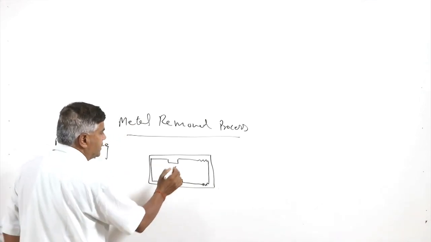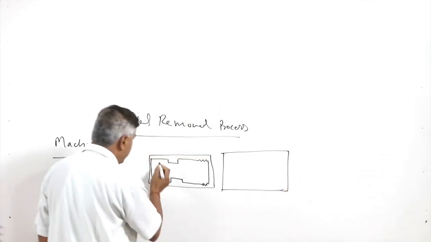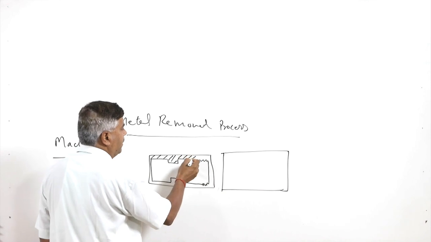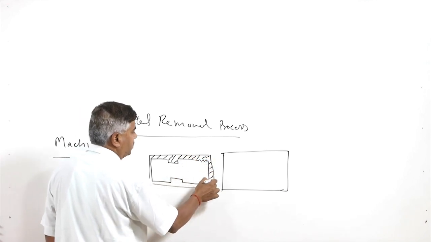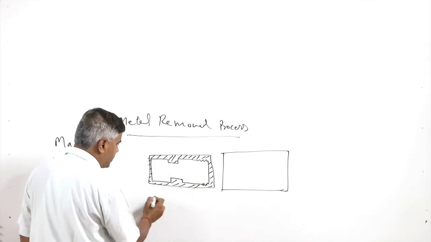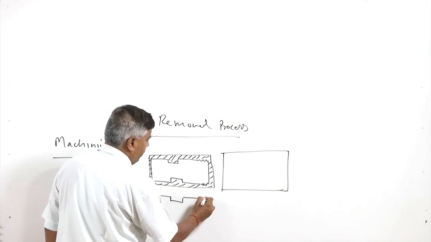If we see the shape of the stock was like this, and we have to remove all this hatched material from the stock, so that a final product of the desired size and shape can be achieved, which will of course be in this form.